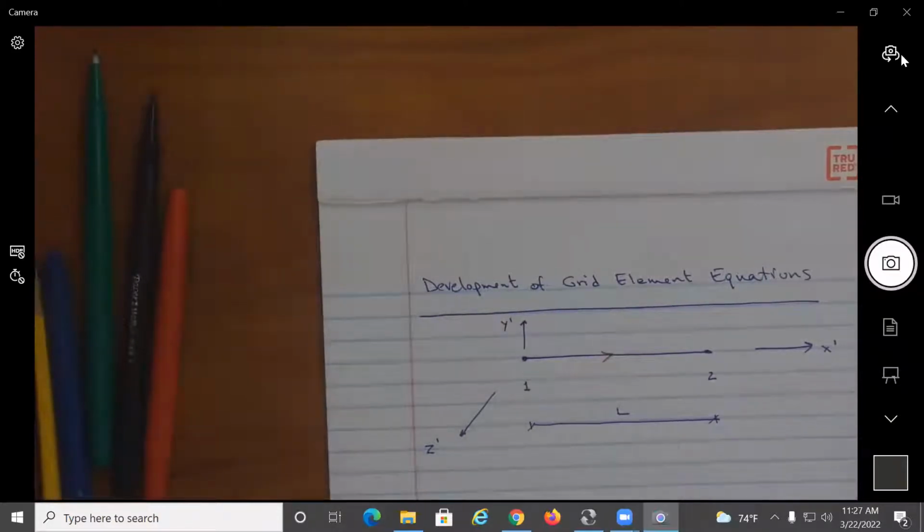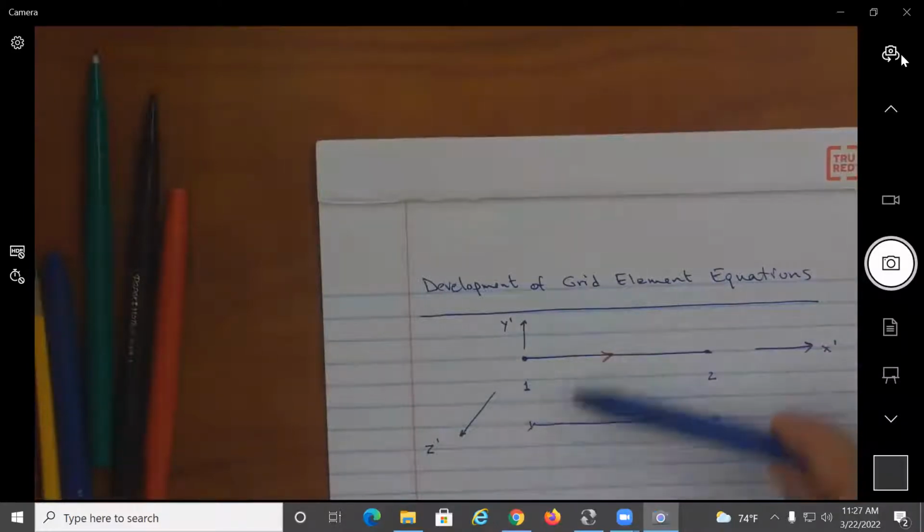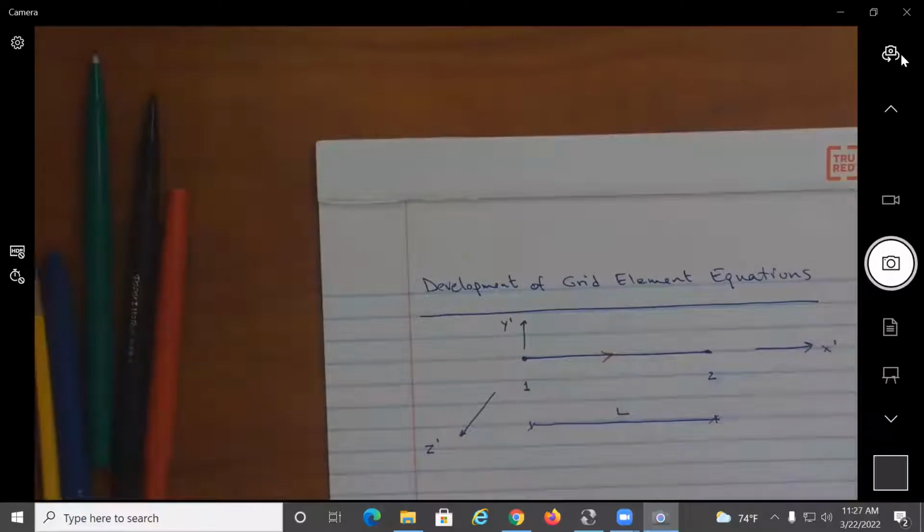So the first question we ask ourselves is how many degrees of freedom per node? Three. What are these? When this is loaded perpendicular, right, we are expecting to see deflections, right?